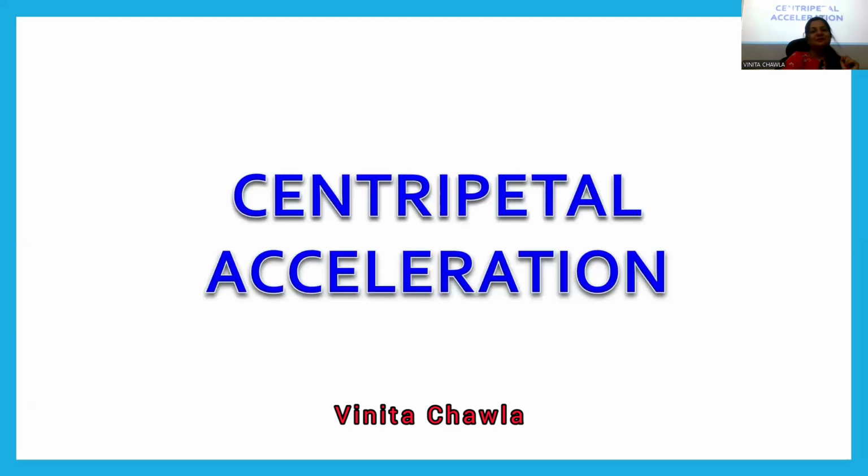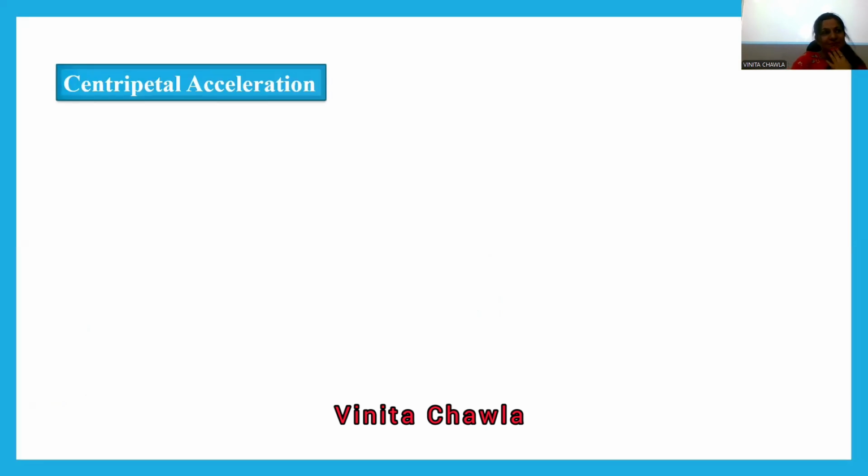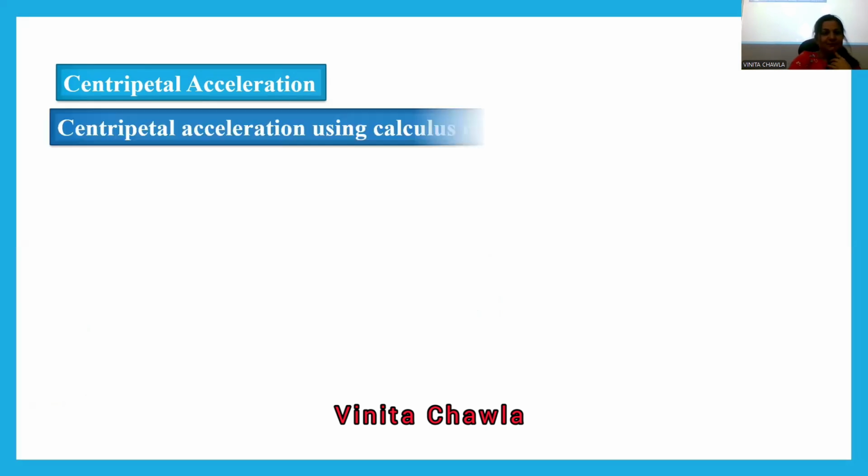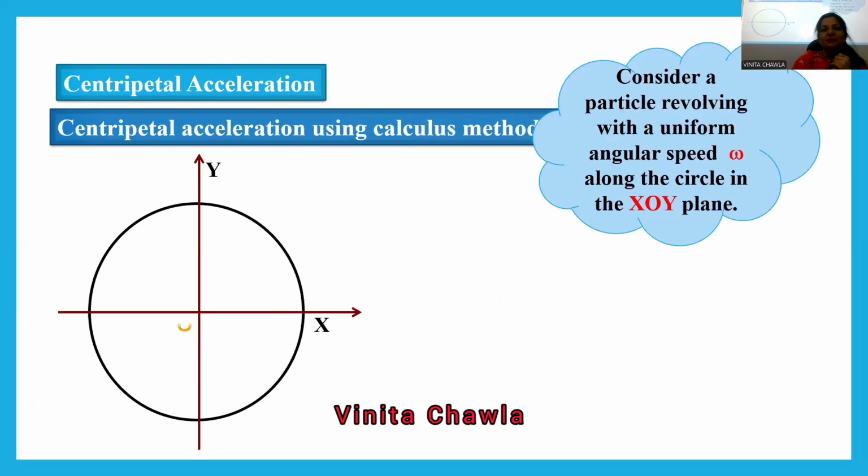Centripetal acceleration क्या होता है? Acceleration that acts towards the center. Okay. See, consider a particle revolving with uniform angular speed, constant angular speed omega, along the circle in the XOY plane.